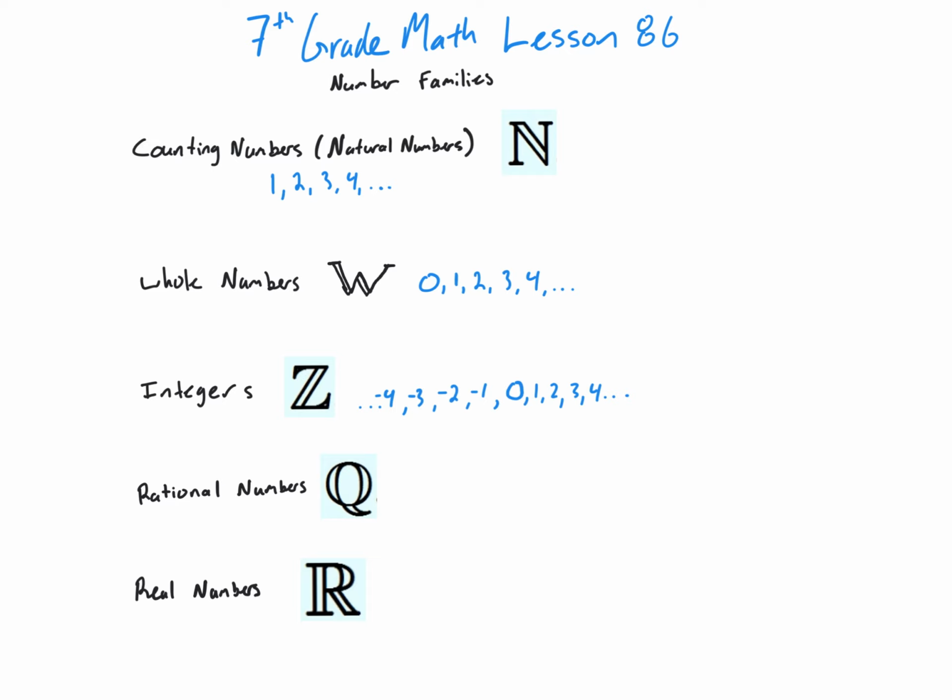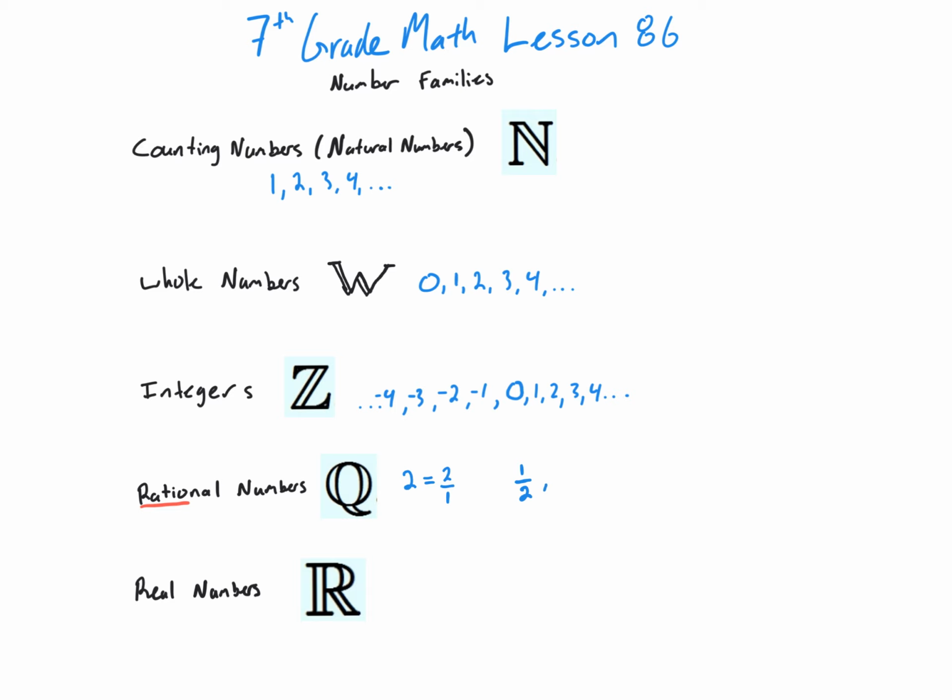Okay, and then the next ones are rational numbers. Rational numbers are numbers that can be written as a ratio. That's how I remember it, ratio numbers. So think about numbers that you can write as a fraction. It also includes all of these numbers that we've already talked about. For instance, 2 is the same thing as 2 over 1, so I can write it as a ratio. But it also includes numbers like 1/2 that were not included with the integers.